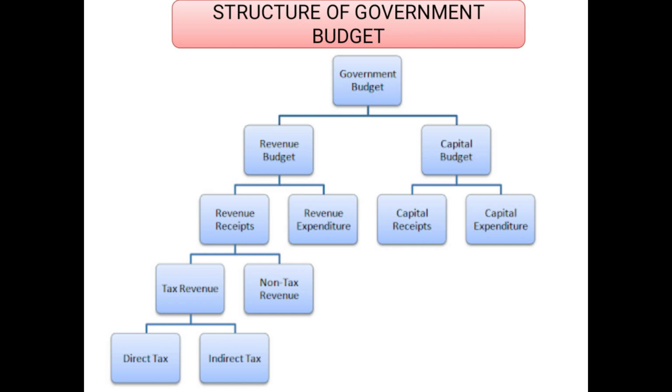If we're talking about the capital budget, we have capital receipts and capital expenditure. Revenue receipts are again bifurcated into two: tax revenue and non-tax revenue. As we all know, tax is the ultimate source of revenue for the government, and tax is of two types: direct tax and indirect tax. I hope you can understand better while going through the book.